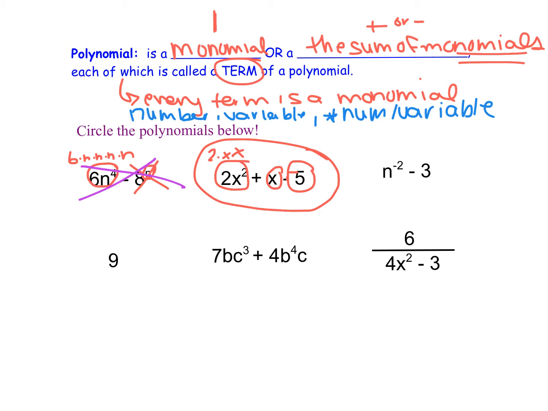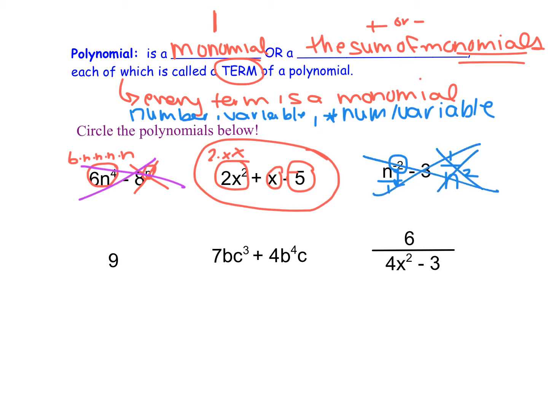Then if I look at this next example here, what I notice is I have a negative exponent, and I remember that this is really written down in the denominator. So this really becomes 1 over n squared, which is the division of a number and a variable. And as a result, automatically, I don't need to check anything else because this doesn't meet the requirements of a monomial.